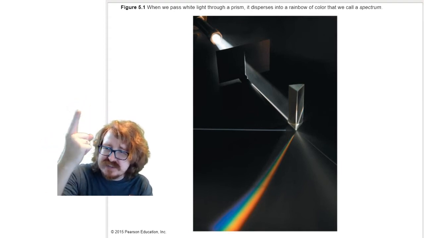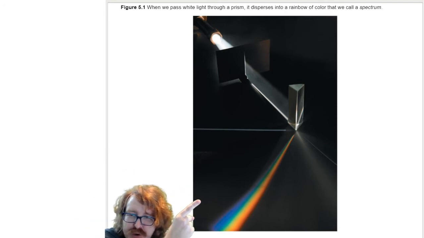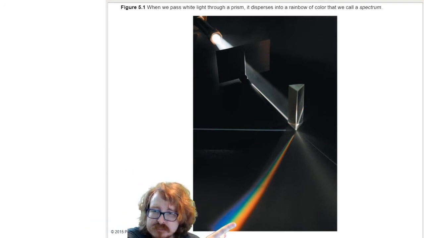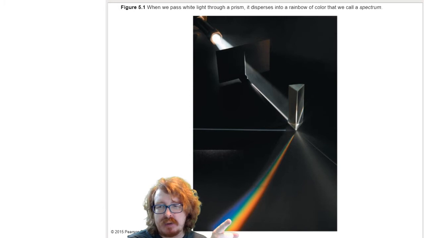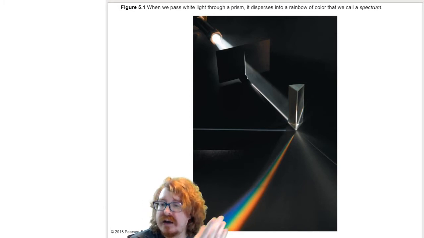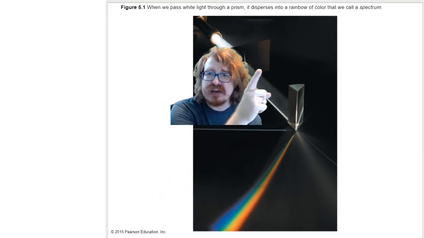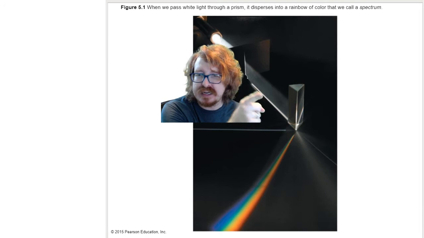But don't overthink this. If he took the thermometer and he put it in the rainbow, what would happen to the temperature on the thermometer if it absorbs that light? Yeah, it would go up. The same thing that would happen if he put it in this beam of light right here, right?